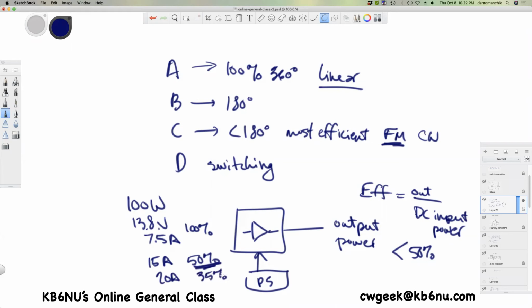And you want to leave a little bit of margin there too. So that's why it's good to know about efficiency, because it makes a difference for the capacity of the power supply you buy. Any questions about that?